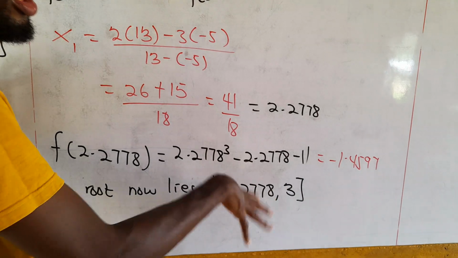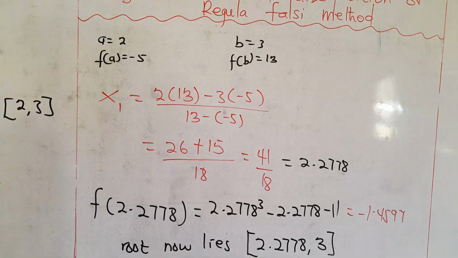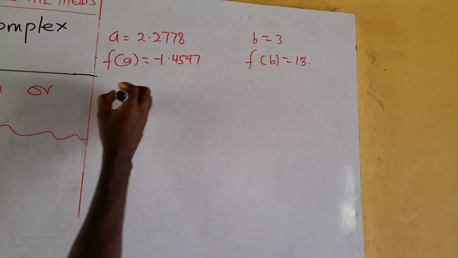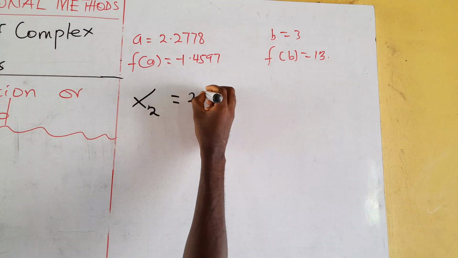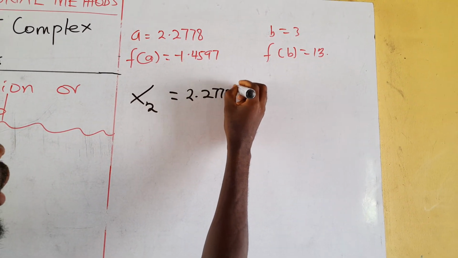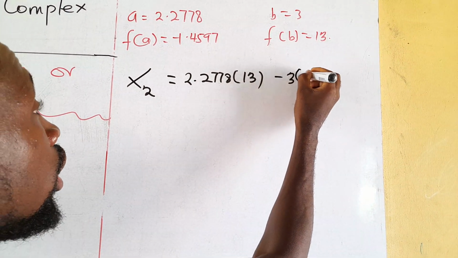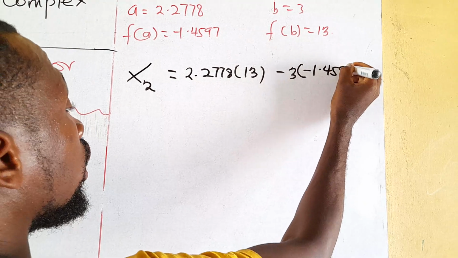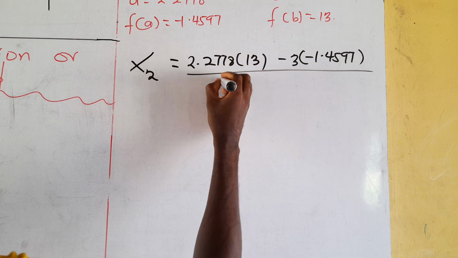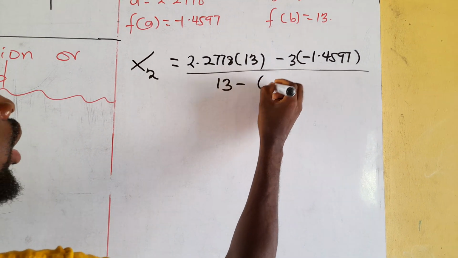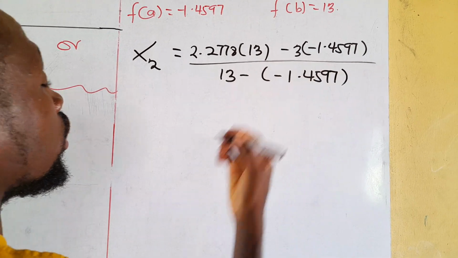We substitute again to find our second approximation. Remember, the question says up to the third approximation. So our second approximation, x2, will be equal to 2.2778 times 30 minus 3 times negative 1.4597 all over f of b, which is 30 minus negative 1.4597.